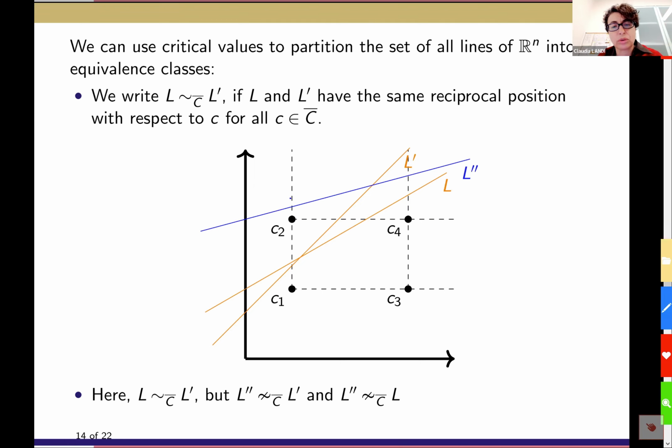We just need to check which face of the boundary of the positive cone of a critical value is hit by a line. If two lines hit the boundary of the positive cone of each critical value in the same face, then they are equivalent. If not, because they are hitting on different faces, then they are not equivalent.